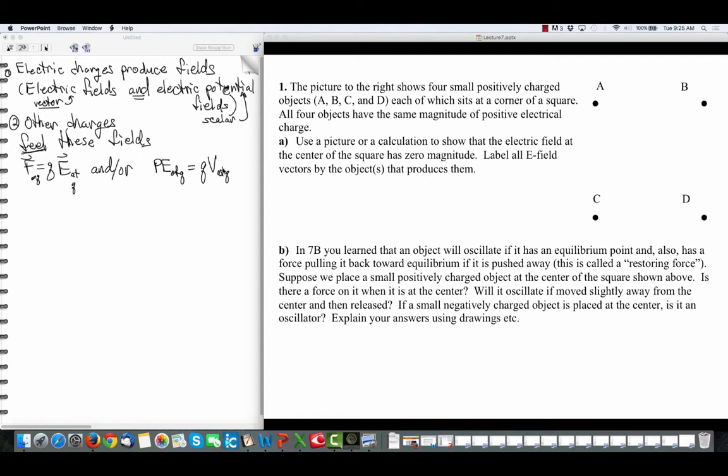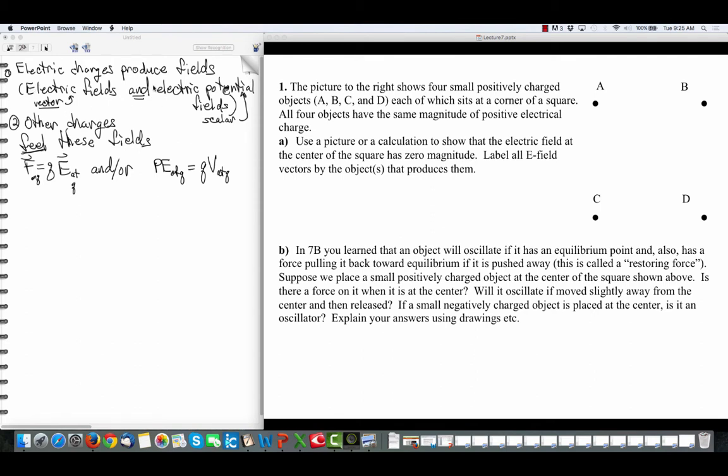Or potential energy. If there is an electric potential, a voltage, at charge Q, then there is an electric potential energy. That's just Q times the electric potential. So that's the general picture that we use fields for.